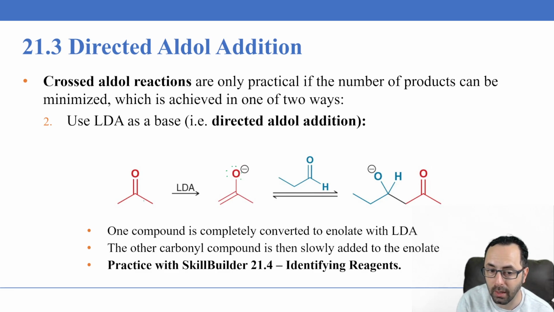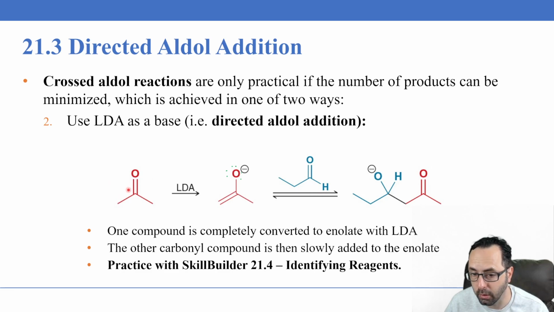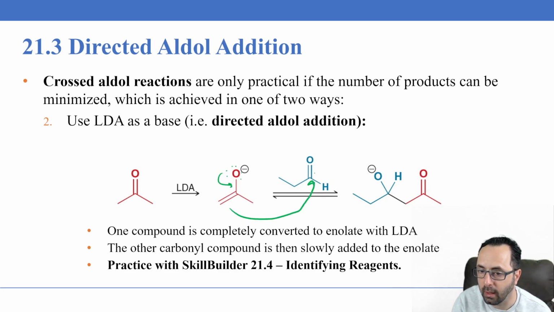So in this case, we're reacting acetone here, or 2-propanone, as it would be called by the IUPAC conventions. That would be our enolate ion, and then that enolate ion will go ahead and do a nucleophilic attack on this propanal here, and that will produce the deprotonated alkoxide ion.